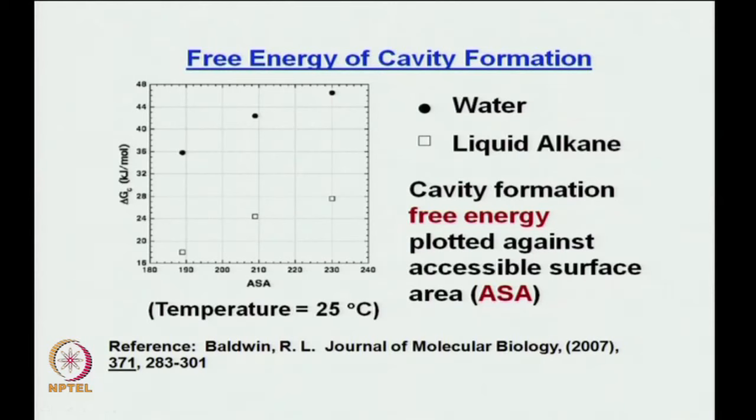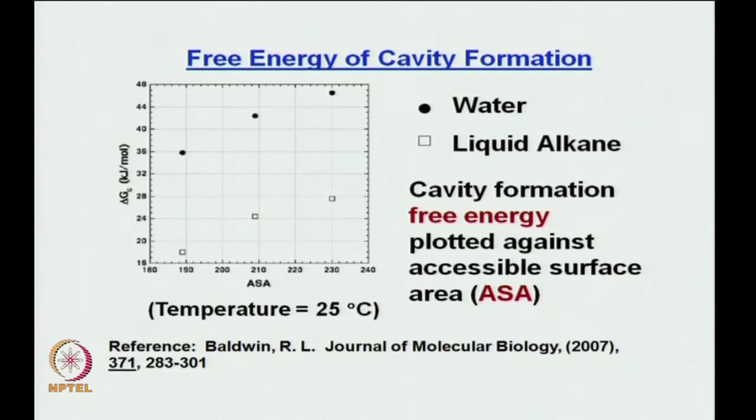Okay. Now, this is something we never thought about. That means I am trying to produce a cavity in water and I am expending so much more energy than I can do in alkenes. But see, I am not even talking about interactions now, I am just talking about trying to separate the solvent molecules so that I can bring the hydrophobic molecule inside.